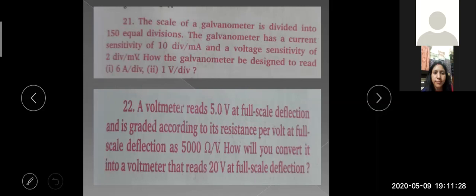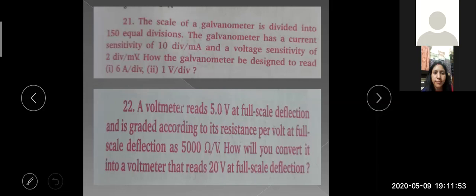Clear? Now for the first part, the galvanometer is designed to read 6 ampere per division. So I equal to 6 ampere per division multiplied by 150 divisions. And for the required value of shunt, you will get the answer S equal to Ig upon (I minus Ig) into G. Put in the values and find the answer.